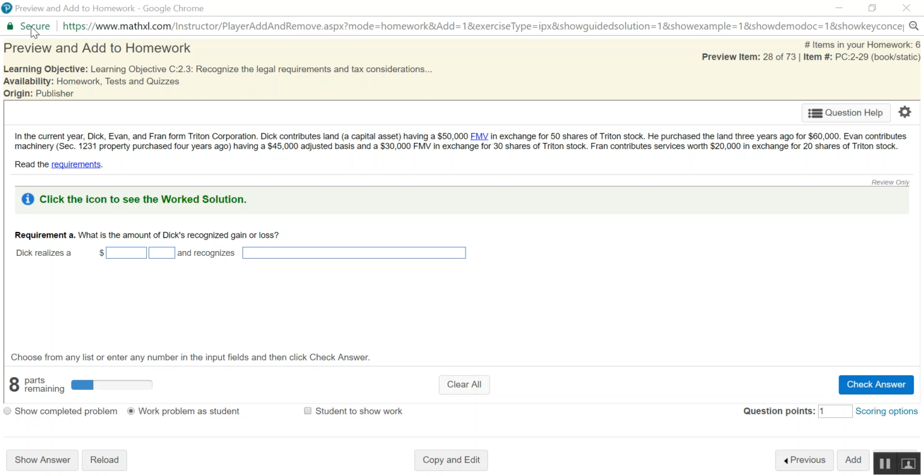And this also has an interplay where one of the transferors is contributing services instead of property in exchange for her shares of stock, and how that interplays with 351.